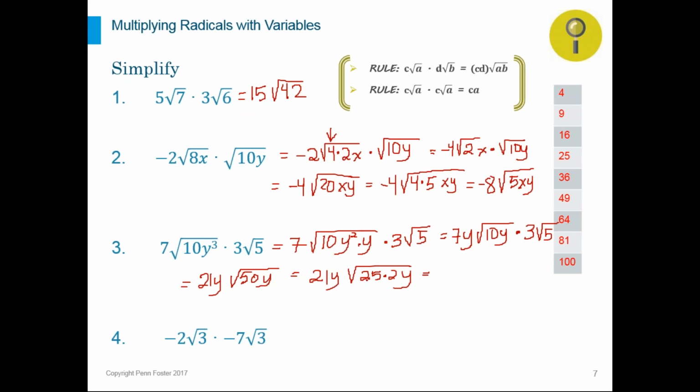The square root of 25 is 5. 5 times 21 will give you 105. I still have the y outside, so it has to stay outside. And then everything else will stay under the square root sign. And that would be your final answer. Any question in that problem? Anything that was not clear?